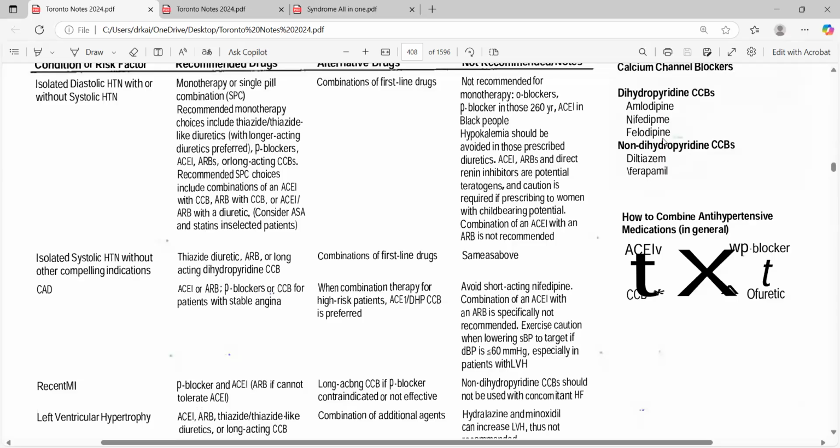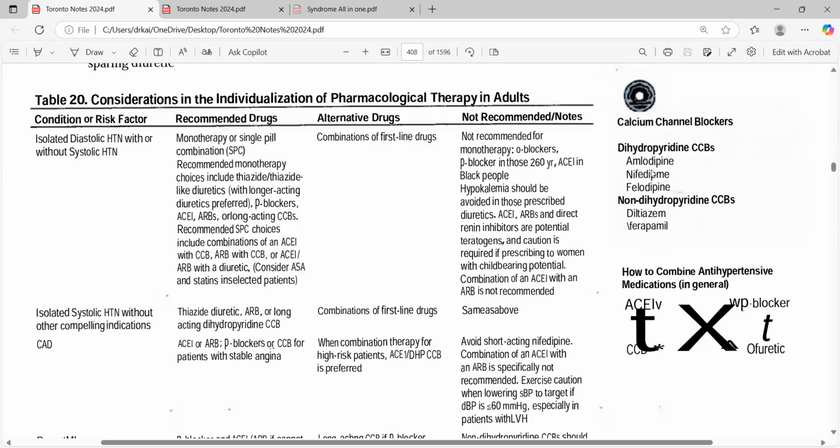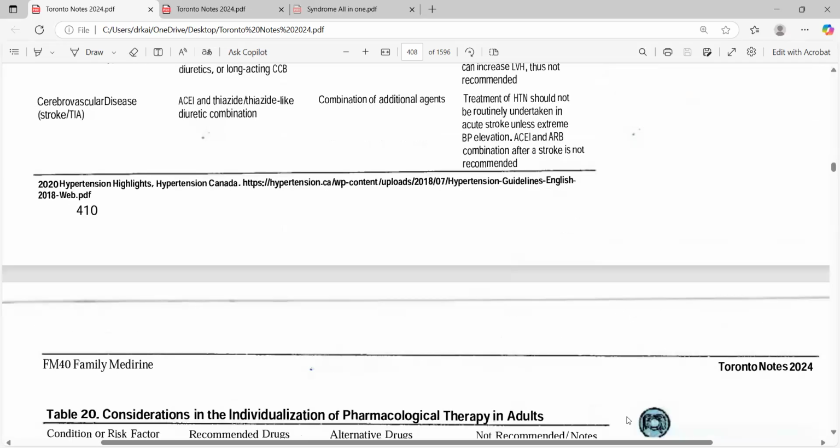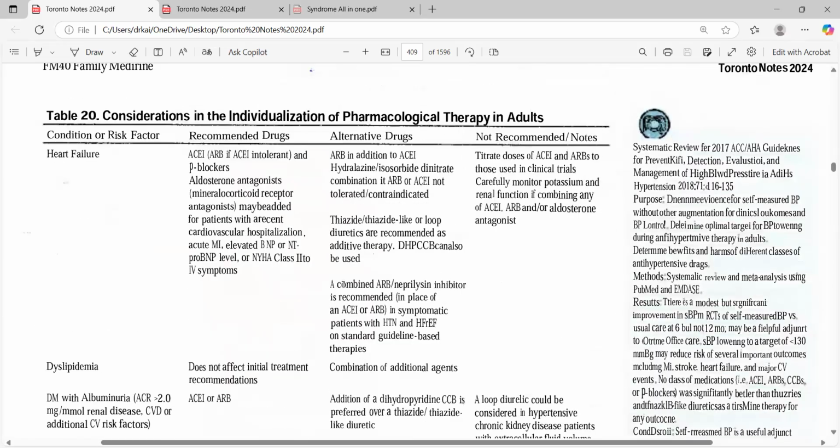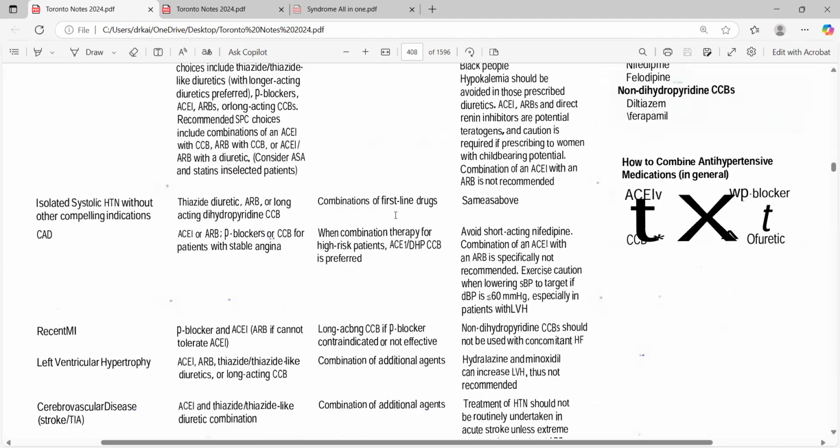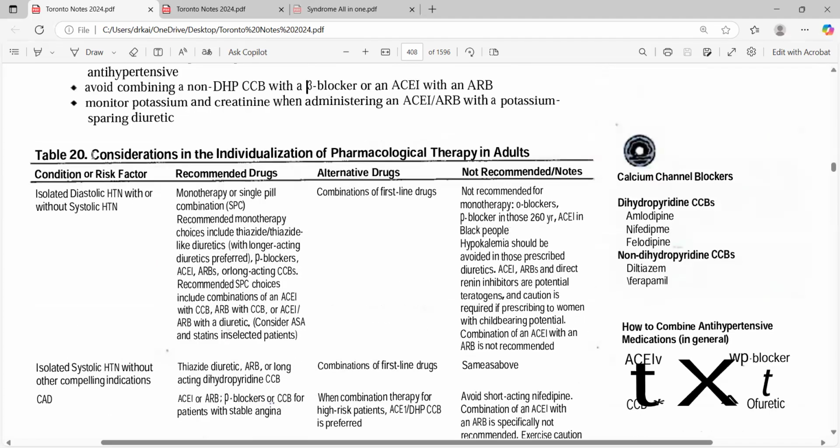So you can see from the side they have written that calcium channel blockers, and this one, ACE cannot be given with, what does it say, calcium channel blocker. Calcium channel blocker can be given with the beta blockers, and diuretics can be given with the ACE inhibitors. That's what they're trying to say here. So please, if you have time, at least read this one.